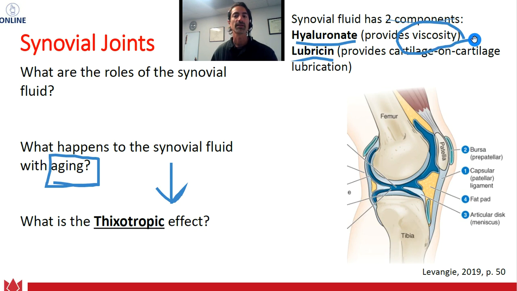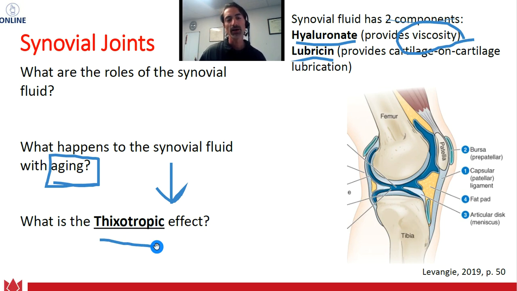So those are the two things that decrease the shock absorption and increase the irritation of these joints as we get older. Another thing to point out is we do have within our bodies this thixotropic effect. So unlike motor oil in our cars or something like that, the viscosity and the properties of the material are relatively static.